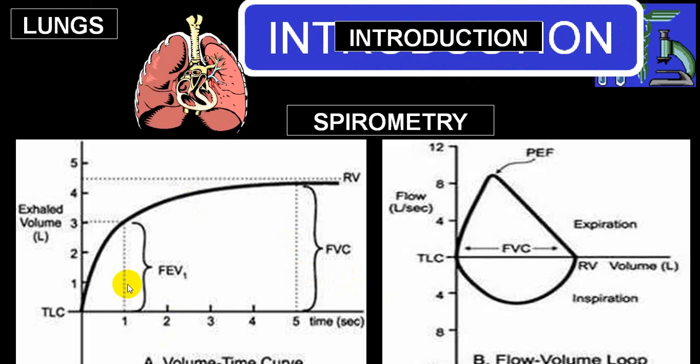Now if you look here, you can see that this line is the amount of volume expired. When a person does a forceful expiration, it is the amount of volume of air which is coming out. This is the total lung capacity, and from there how much he is able to expire out, and this is done for 6 seconds, one blow continuously for 6 seconds.